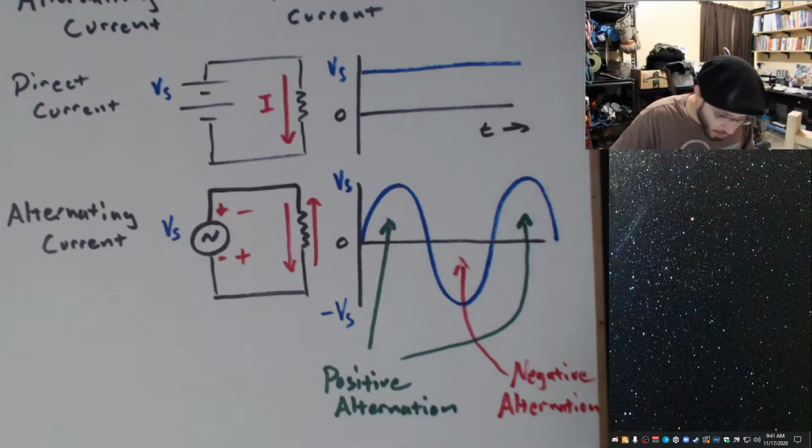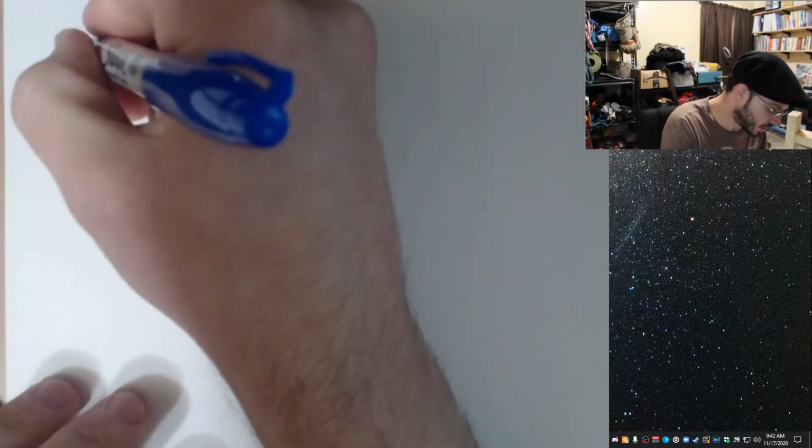So let's go over it. There's actually a few different ways that we can quantify the magnitude. The three ways, the first would be specifying it as a peak voltage.